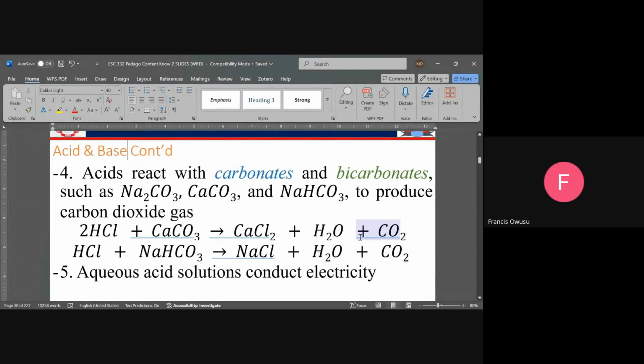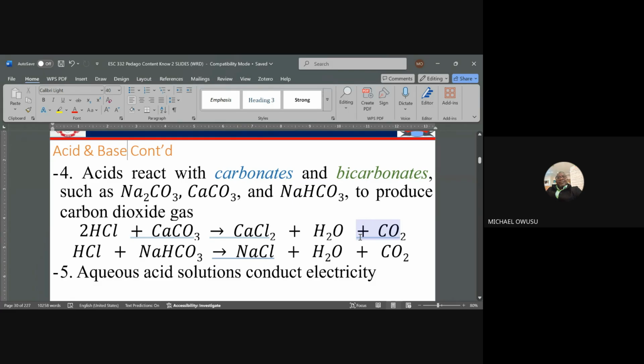Okay, Doc. Right. I think I will continue from here. Do acids react with bicarbonates and carbonates to produce carbon dioxide gas?